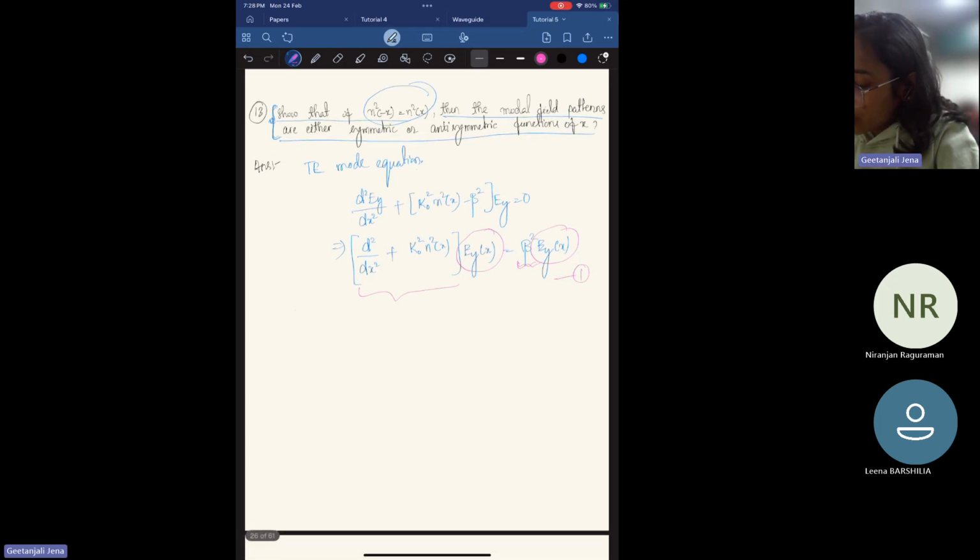Now in the same equation if you replace x by minus x, the double derivative d square by dx square won't change. k0 square is a constant, it won't change. n square x will become n square minus x, but it is already given that it is n square x, right? And the operator acts on Ey minus x, and here we have beta square Ey minus x.